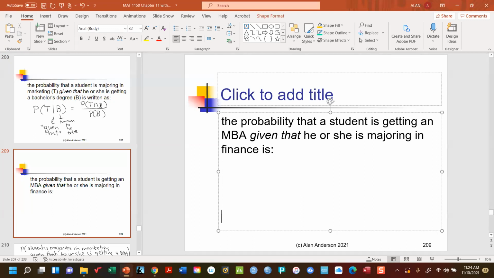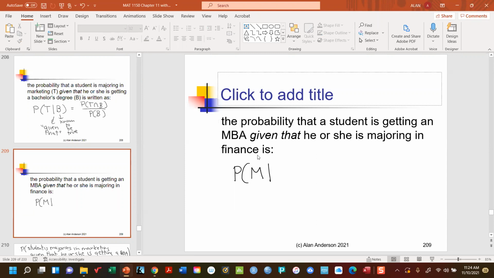Okay, so we would write this as P(M | F). Remember, the bar means given that. This is the known information. And the formula tells us to do this.